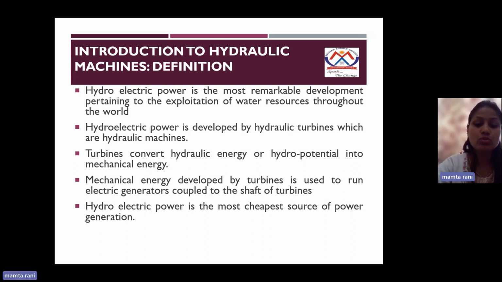The amount of energy that can be stored in water depends on the head and the flow rate of water. Head is basically the vertical distance between the water intake and the turbine. The higher the head and the greater the flow rate, the more energy can be extracted from the water.